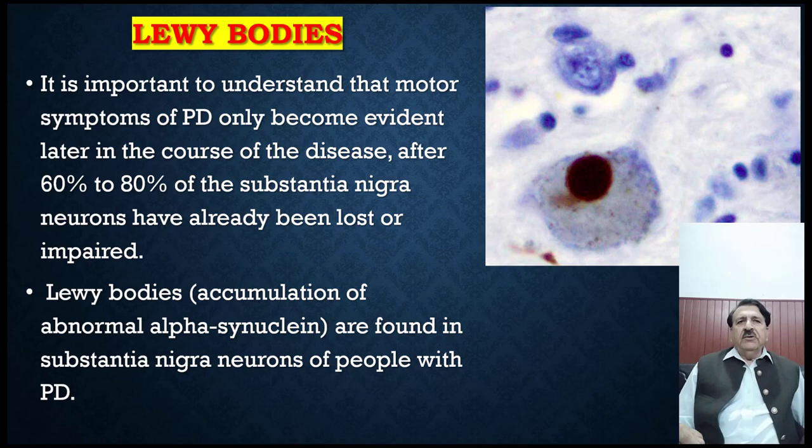These are brown structures, proteins which accumulate in the substantia nigra and destroy the neurons which prepare dopamine. These neurons are destroyed and their transportation from the substantia nigra to the putamen is impaired.